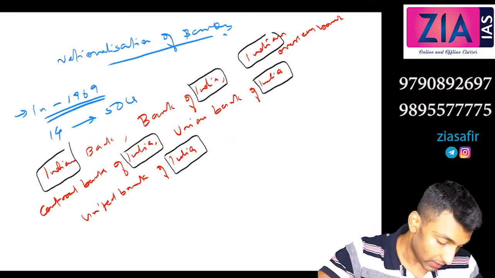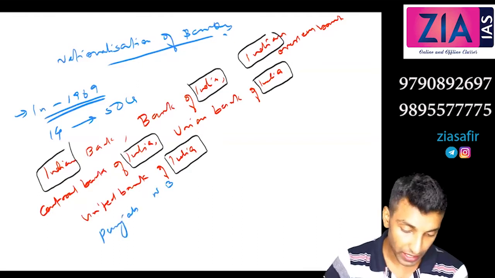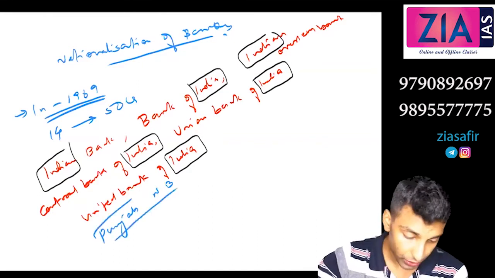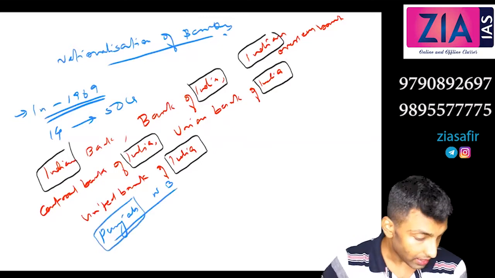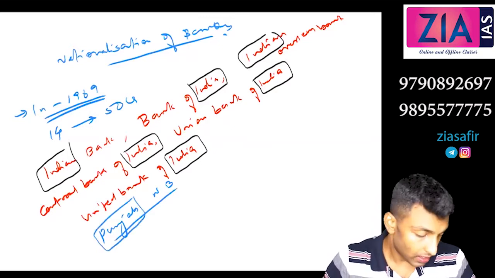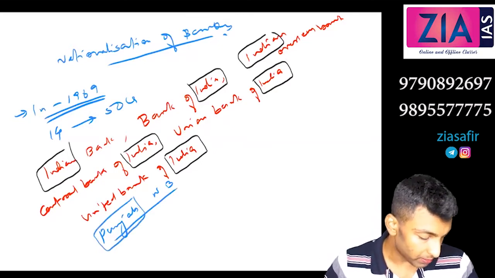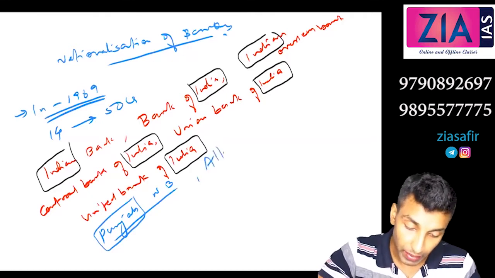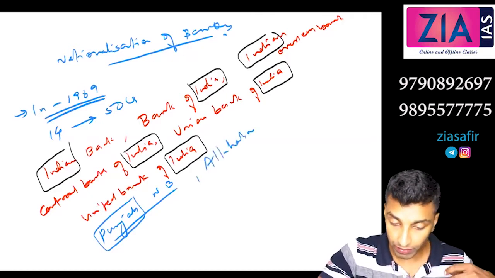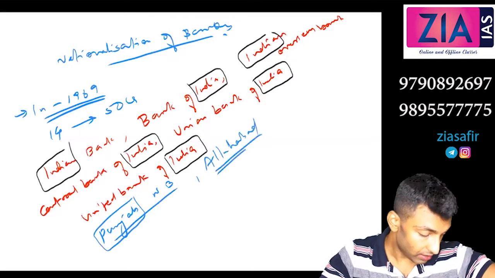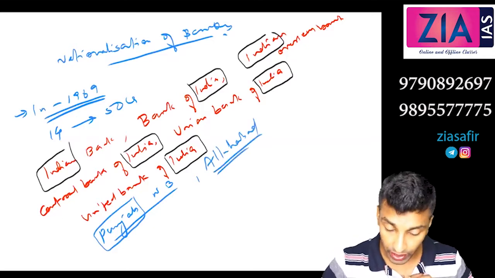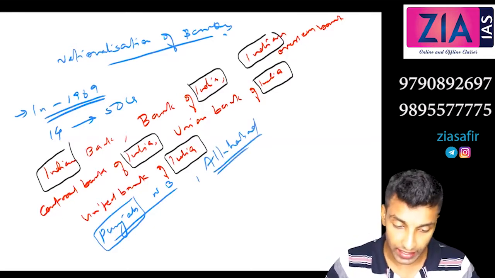So next is Punjab National Bank. You can see here this is a region, right? Then next you can write Allahabad Bank. So you can see again a region. Then Bank of Baroda. That doesn't mean that these are operating at the regional level.